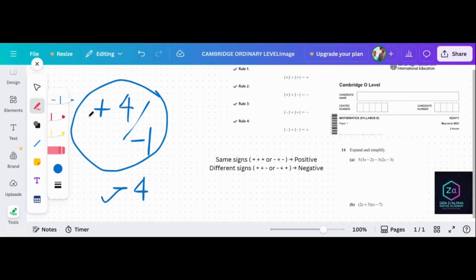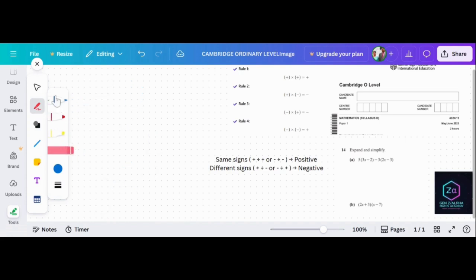And also, if you think about minus 4 divided by plus 1, the answer is minus 4.